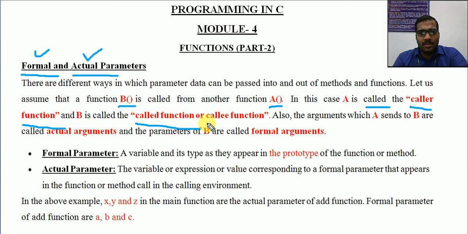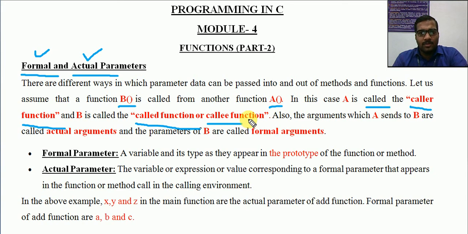It is also called the callee function. So caller and callee: in many languages we use these two terms. Caller means the function from which we are calling that function. Callee means the function that will be called.